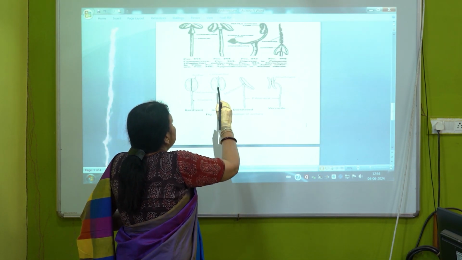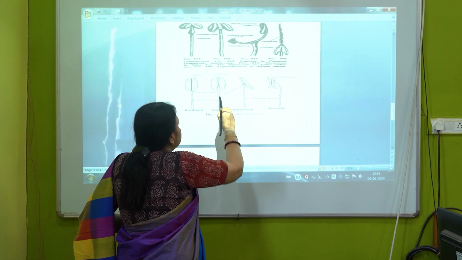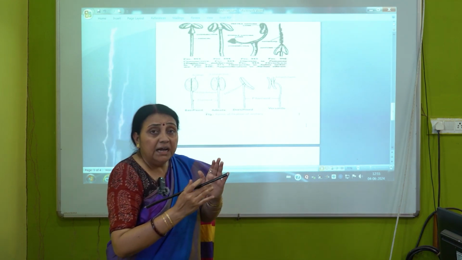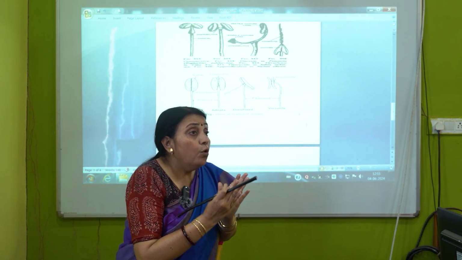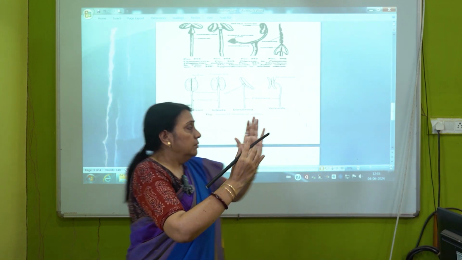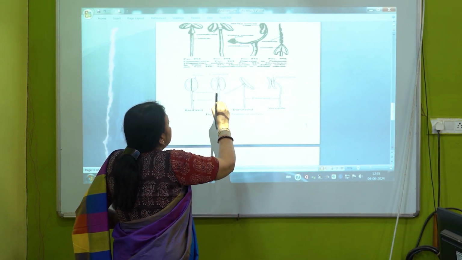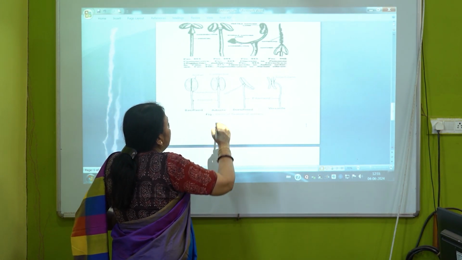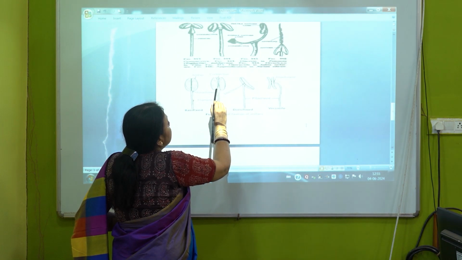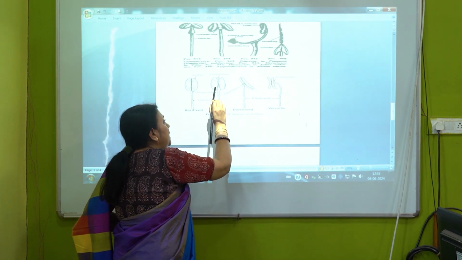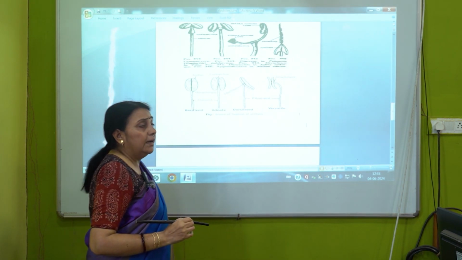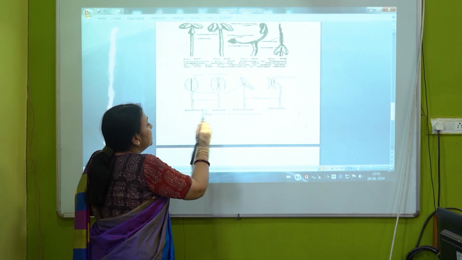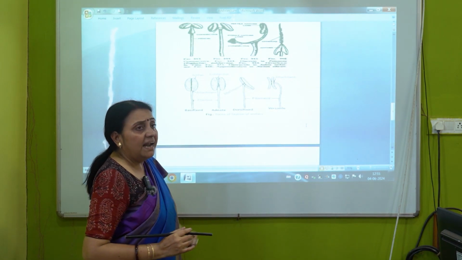In this case, the filaments are attached to the anther throughout the whole length of the anther. Actually, this is the filament, and it is attached at the basal portion of the anther. What is the basic difference between the basifixed and adnate?